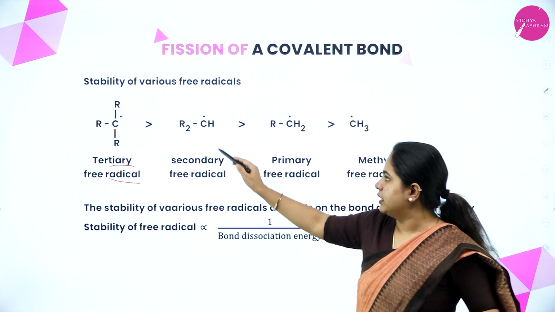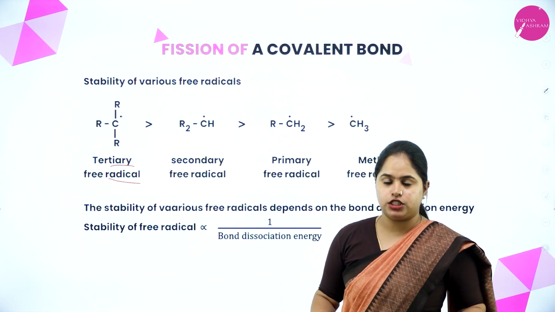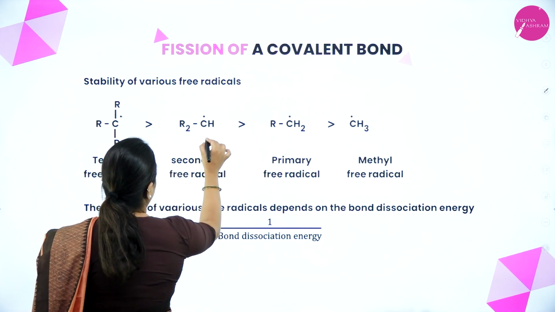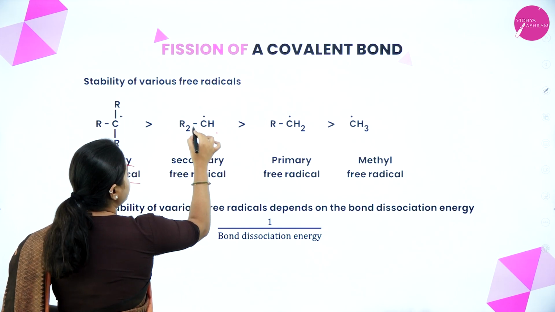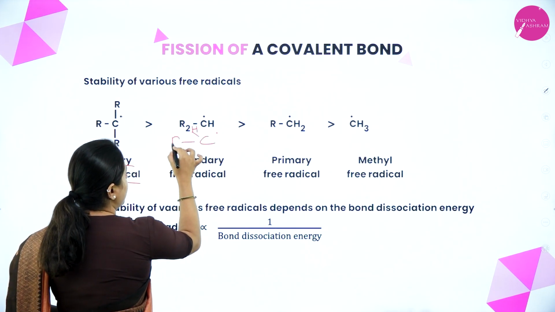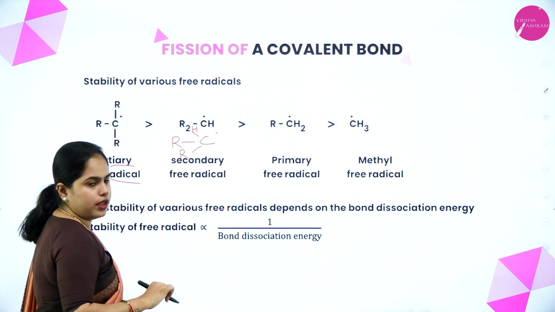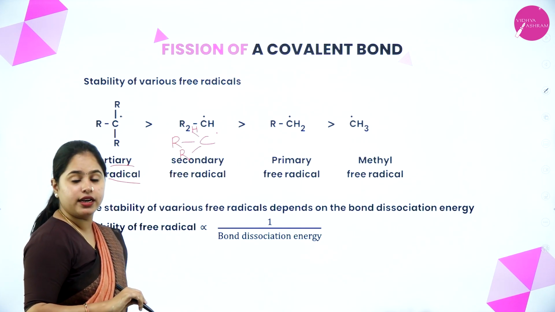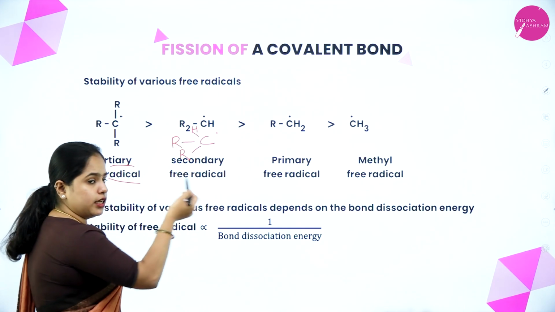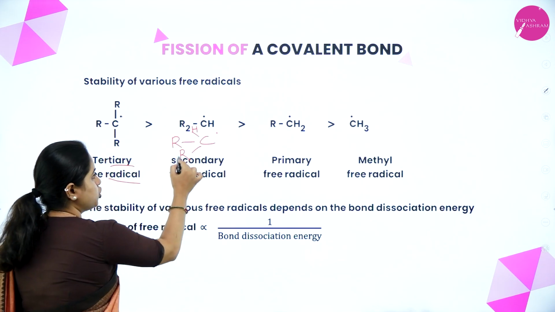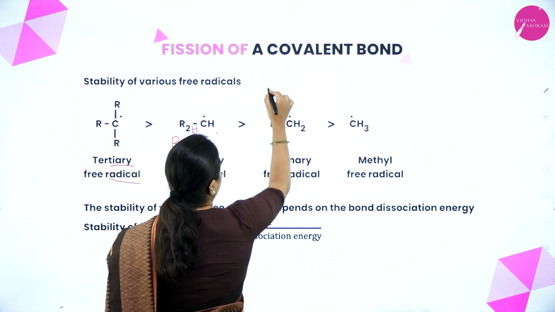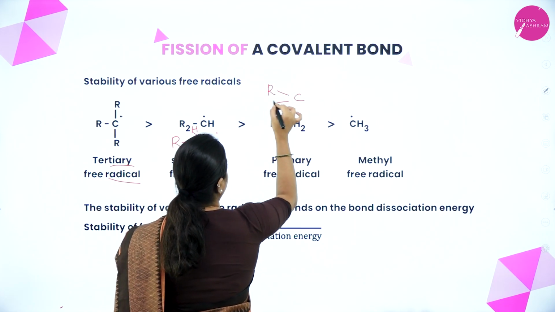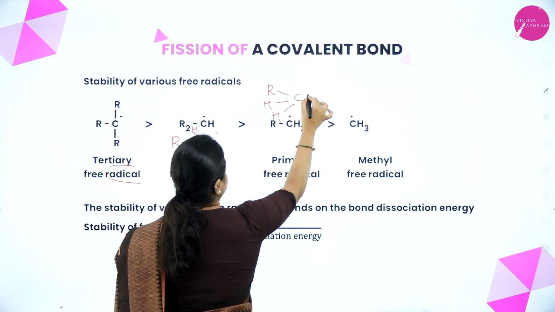The next one is R2CH. That means there is a carbon atom which is having the free radical, right? One is hydrogen, another one is an alkyl group, another one is an alkyl group. That means 2 alkyl groups and 1 hydrogen. So this carbon atom is attached to how many carbon atoms further? 2, right? So this is a secondary free radical. Coming on to the third one, it is RCH2, and the others are still hydrogen, right?